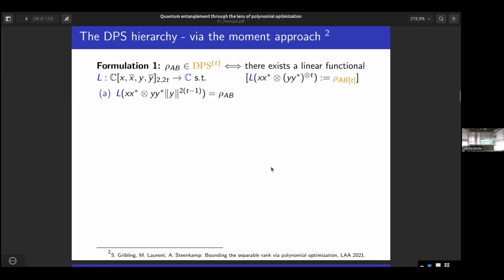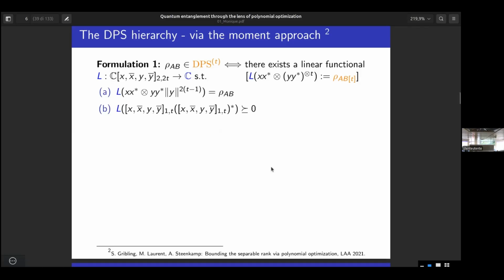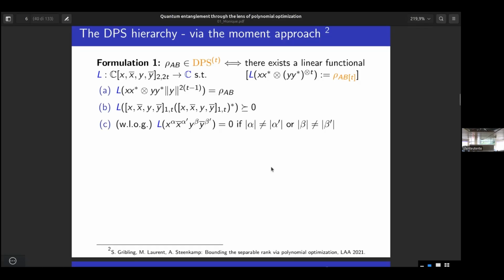Roughly. And now we should look at what properties L should satisfy, which would correspond to the properties of the extended state definition. So L should recover rho, the initial rho, if you apply L to this matrix. This big matrix should be positive semi-definite. So this would correspond to the PPT condition. Well, actually, to have it correspond to the PPT condition, one would need to observe, and it helps to observe, that many of the entries will be zero.